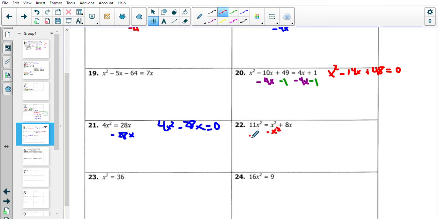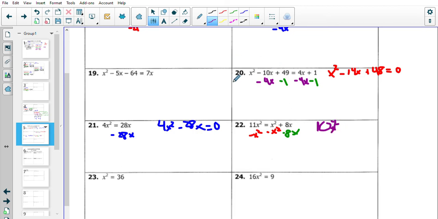Looking at 21, I have to subtract the x squared. That has to go with the 11x squared. And then the 8x has to be subtracted as well, but that 8x isn't going to be attached onto here. It's going to be next to it. So that tells me 11x squared minus 1x squared gives me a 10x squared. Sorry for that, mouse slipped a little bit.